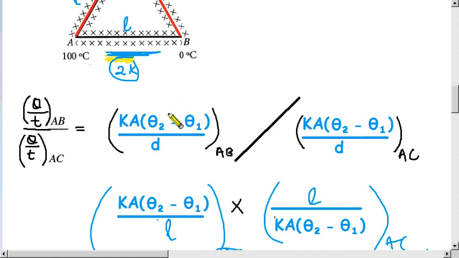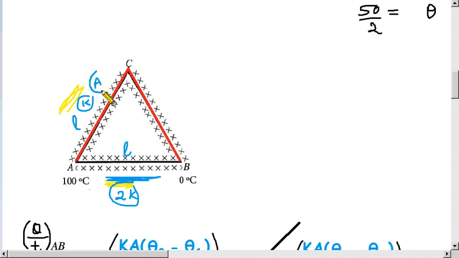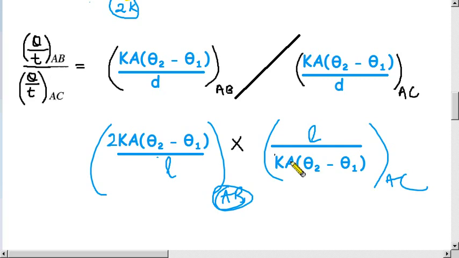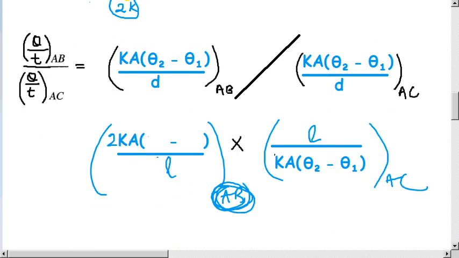So let us substitute it for this part. 2 times K. Both the rods have the same cross-sectional areas, therefore A here and also A here. Then L same, then theta 2 minus theta 1, that is the temperatures at both ends of the AB rod: 100 minus 0.